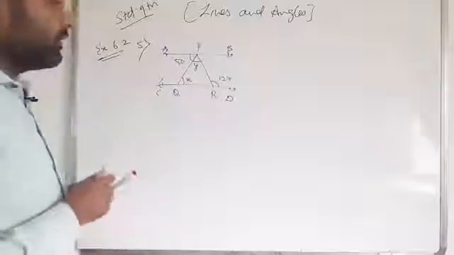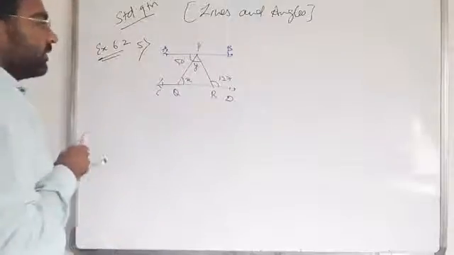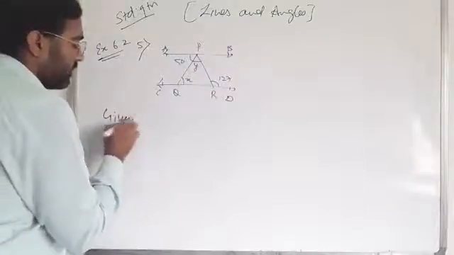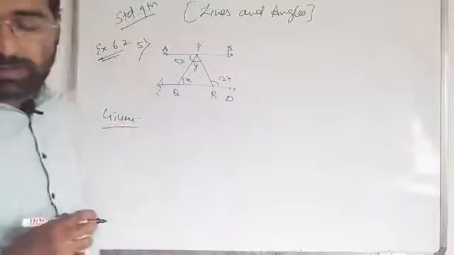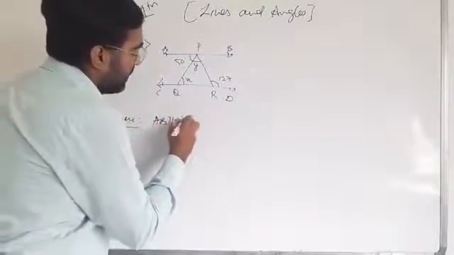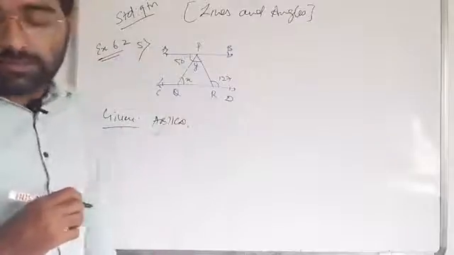Now we have to write from the given in the question. AB is parallel to CD, that is the first thing given.